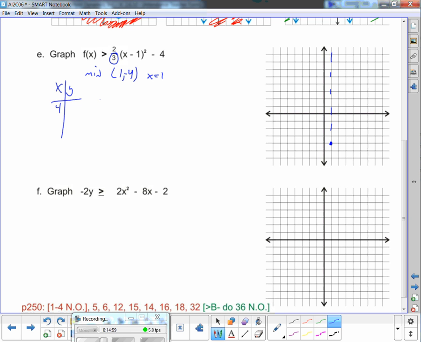So just to be clear, look what happens. I'm taking the original, and where the x is, I'm putting in 4, right? So 4 minus 1 is 3. 3 squared is 9. But 9 divided by 3 is 3. 3 times 2 is 6. 6 minus 4 is 2. And 4 is 2.